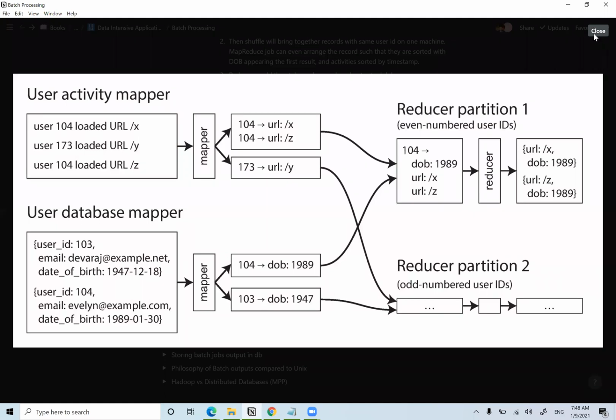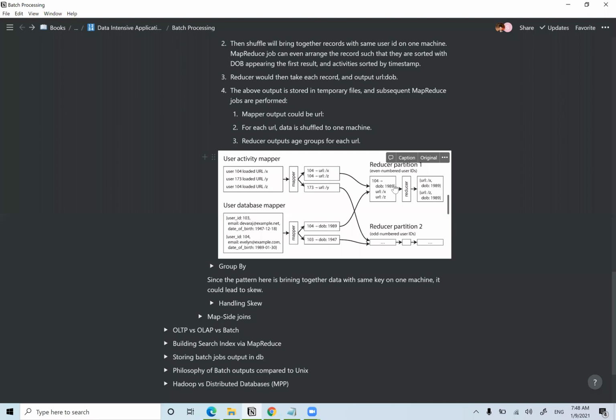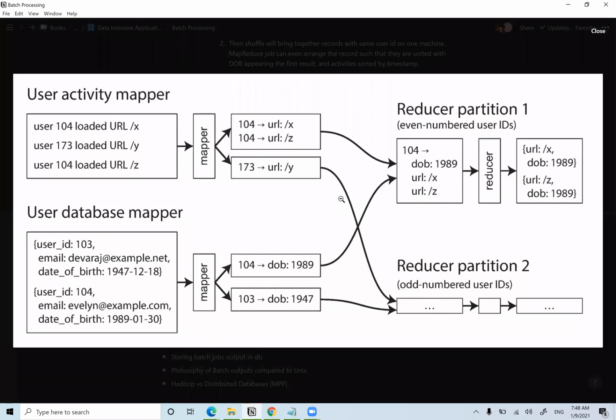So this was the sort merge join, right? It's happening on the reducer, and it is called sort because, if it wants, the framework can also sort the data during the shuffle step.